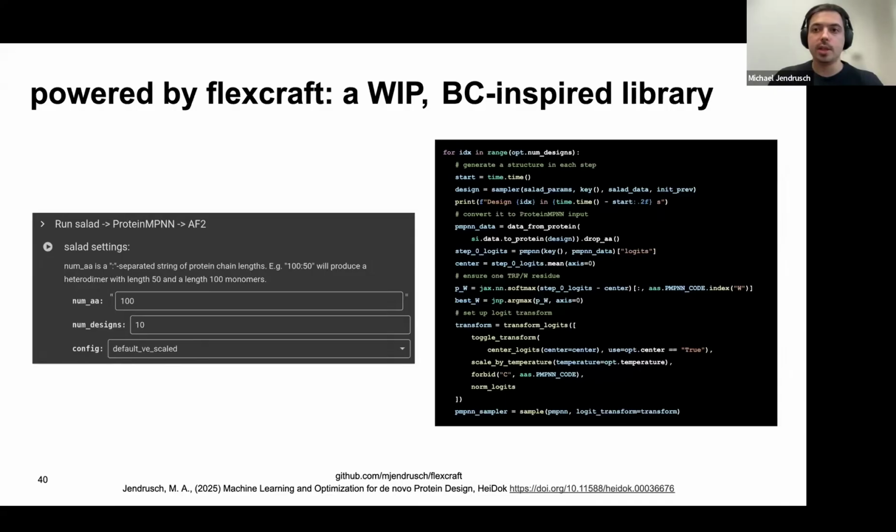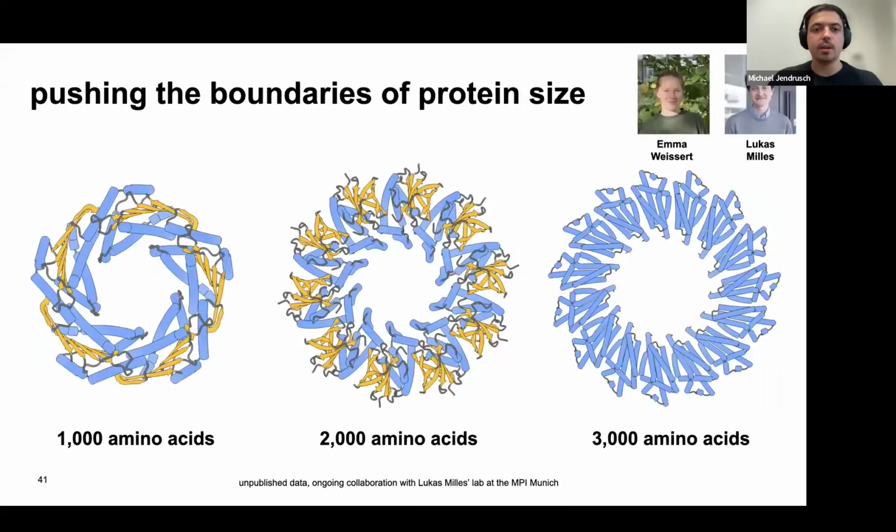And using this library, we're now collaborating with a number of labs to do a bunch of interesting applications. For example, with Lucas Miller's lab, and in particular, Emma Weissert, a student in his lab, we're working on designing very large symmetric protein assemblies using Salad.